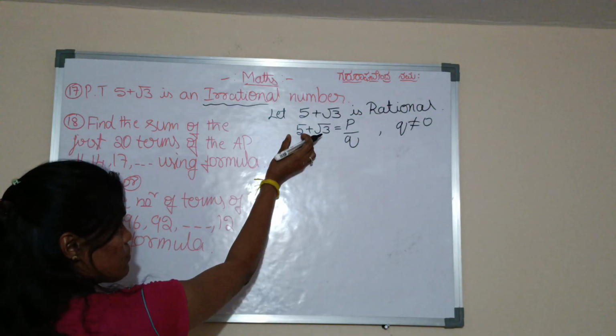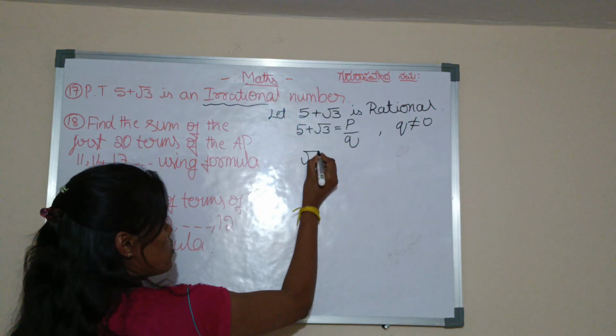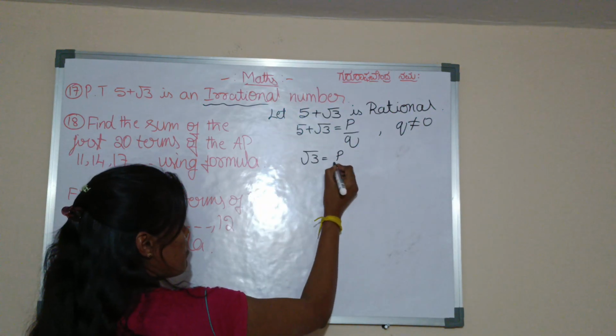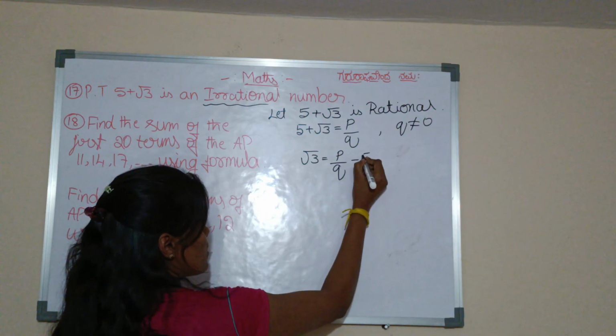Then I take the 5 to the other side. Root 3 is equal to P by Q minus 5.